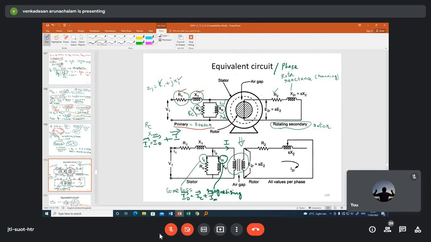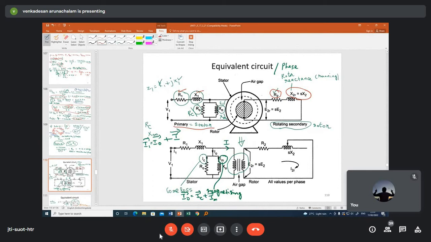Coming to the secondary or rotor side, you have the rotor resistance R2 and the rotor reactance S times X2, because the rotor parameters are affected by slip.